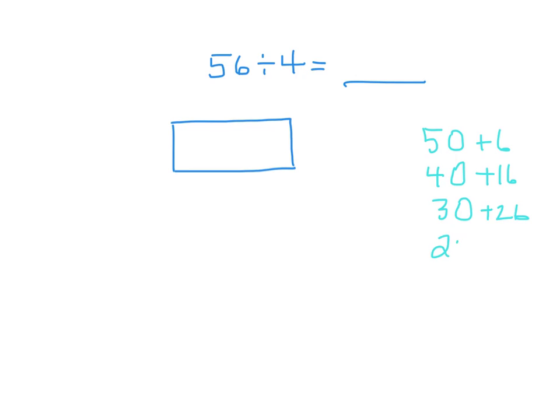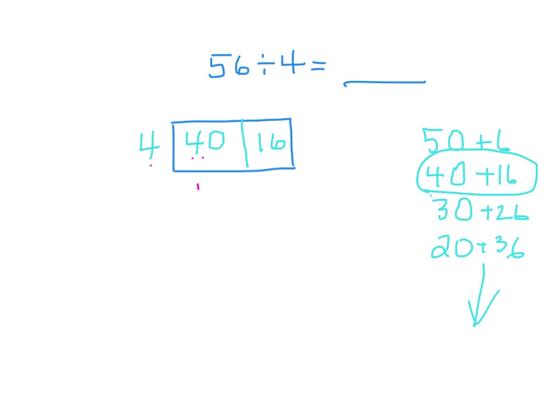I could do 20 plus 36, and the list goes on and on. But I'm looking for friendly numbers for 4. I know 40 is a friendly number, and I know 16 is a friendly number. So I'm going to go with 40 and 16. And I'm dividing by 4.